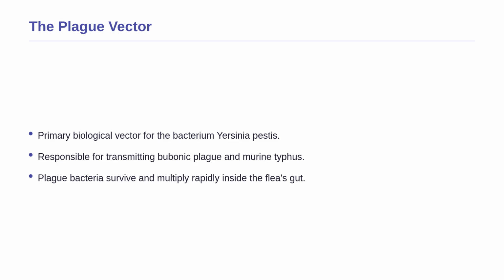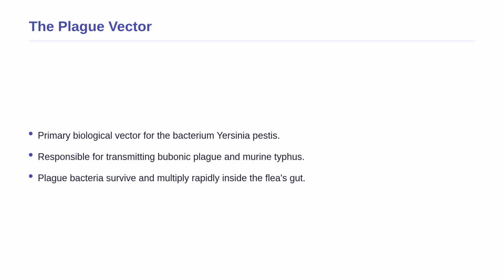Having identified our vector, we must now look at the microscopic cargo it carries. You might be wondering why we care so much about one specific type of flea on a rat. The answer lies in the bacteria it transmits. This flea is the primary biological vector for Yersinia pestis, the deadly bacterium responsible for the bubonic plague, as well as the bacteria that cause murine typhus.